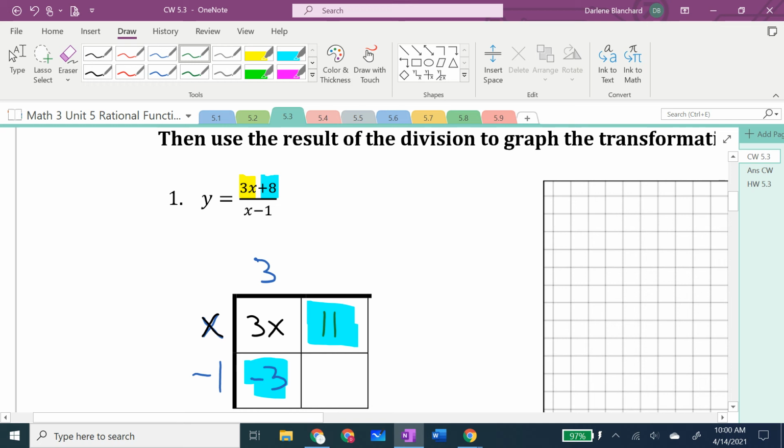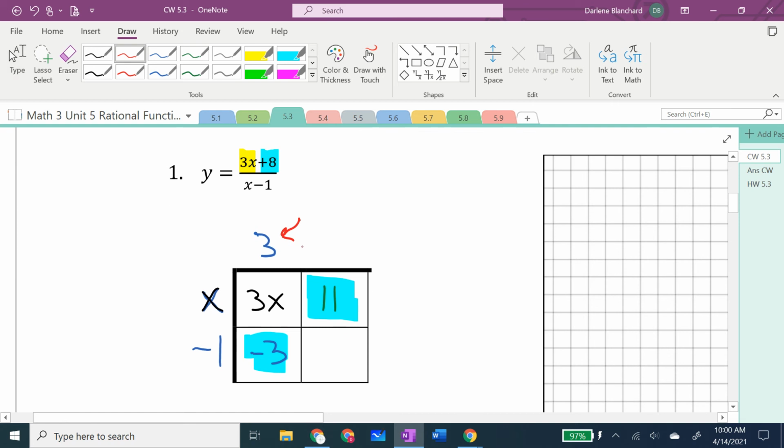Now, if you remember from the division, once you get that constant term in your quotient, everything after that is remainder. So what is this saying?